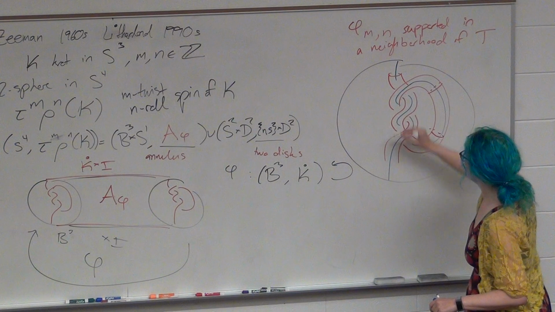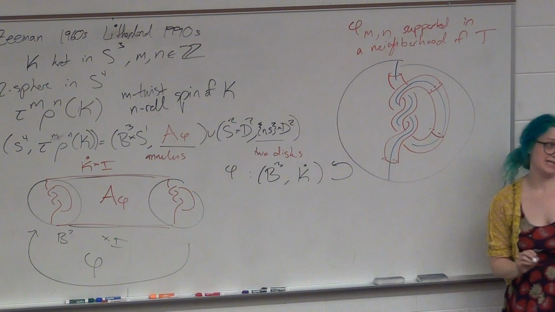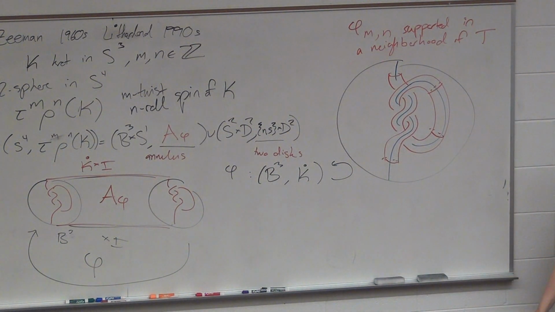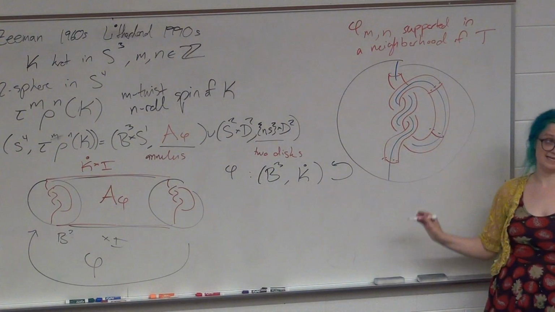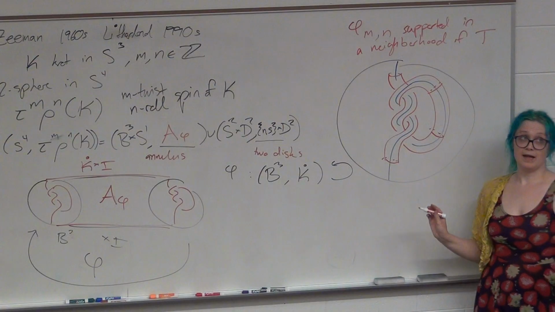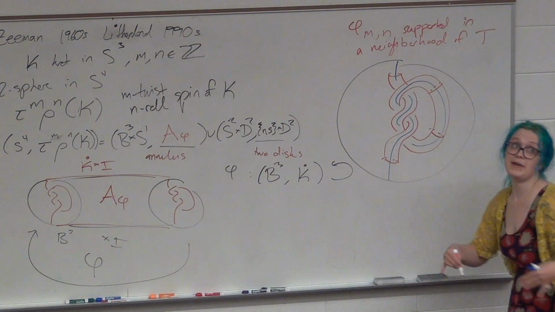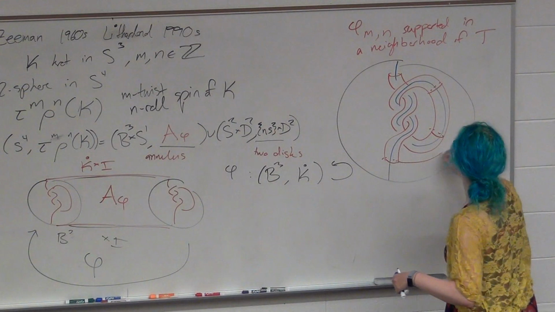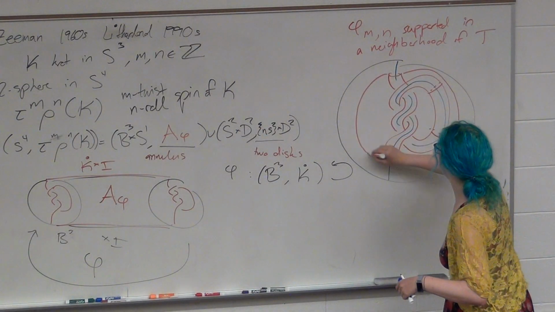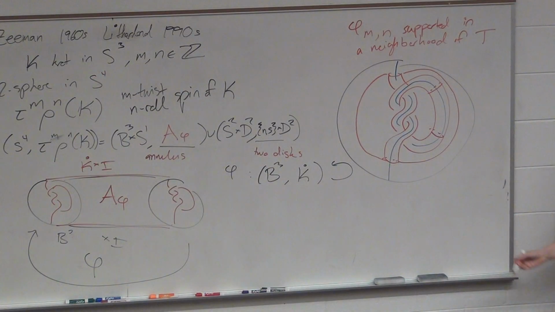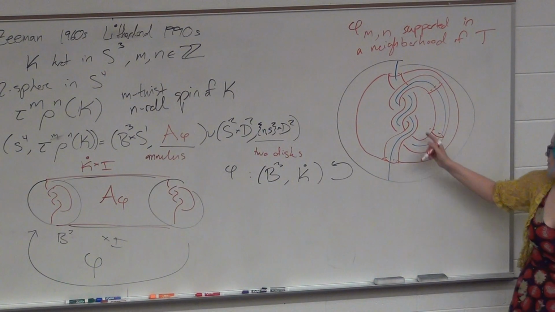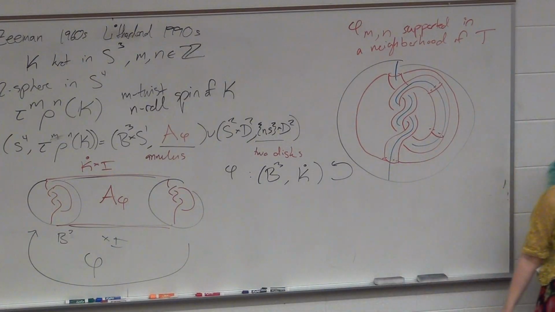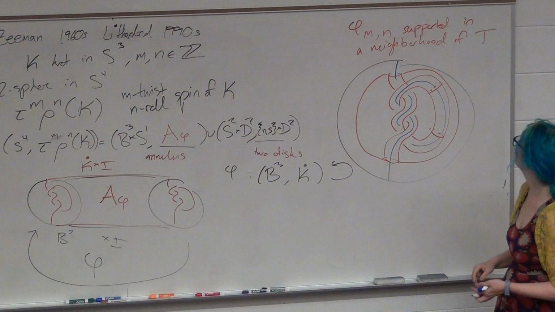I'm going to end the cylinder before I actually get to the boundary, so this is not properly embedded right now. These two circles are sitting in the interior of the ball. I'm going to cap off with another cylinder that's parallel to the boundary of the ball. I bet a lot of you have seen something like this, called a swallow-follow torus. I followed the tangle and then I swallowed the boundary.